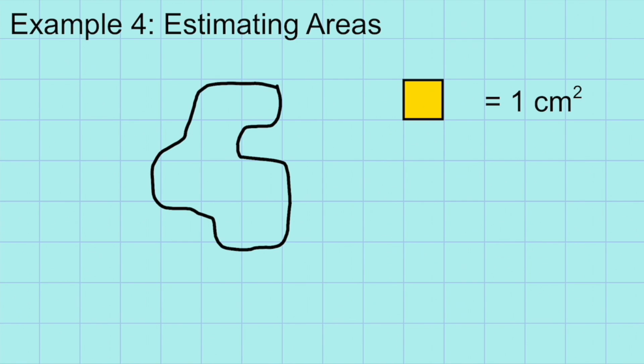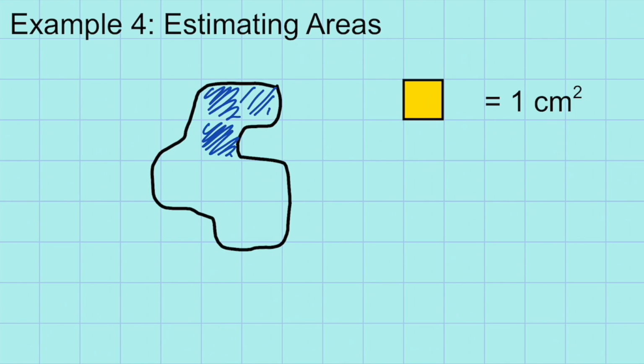And we're only going to count the squares where more than half of the shape crosses over that square. So in this case here, this whole square is pretty much covered by that shape. So that bit counts as 1. This shape here, again, is mostly covered. So that counts another 1. This is mostly covered as here.